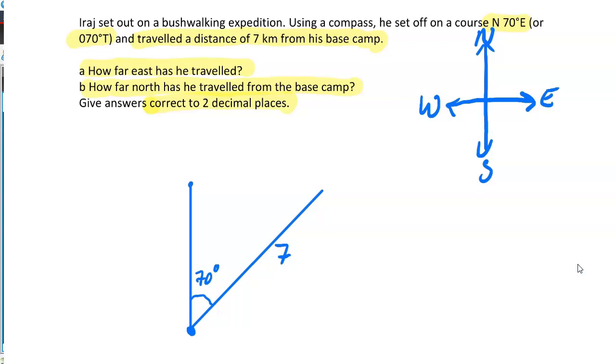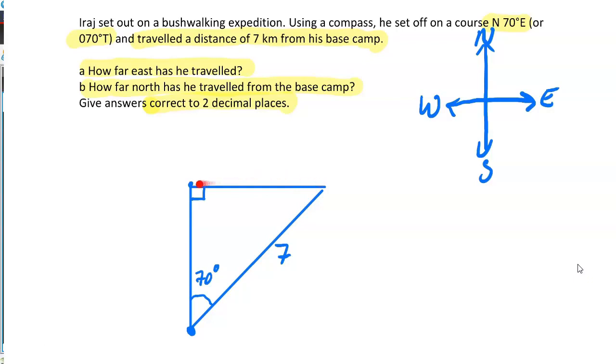Okay, so now we want to figure out how far east he has travelled. Now, that is that one, isn't it?